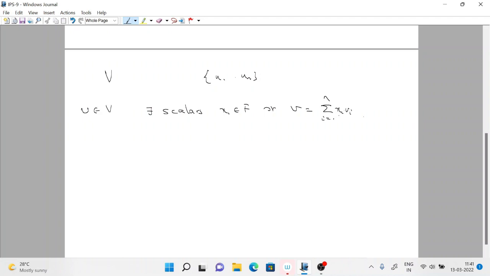We only know there exist scalars, but remember this is an orthonormal basis.